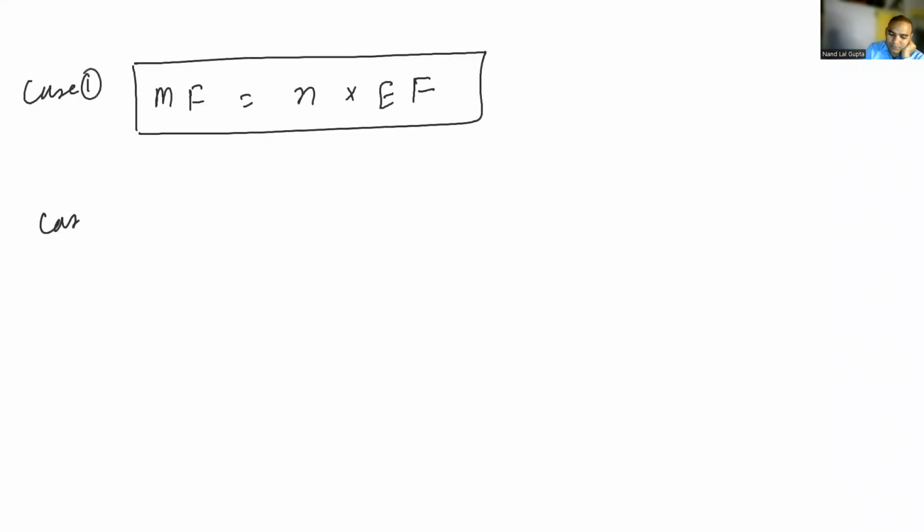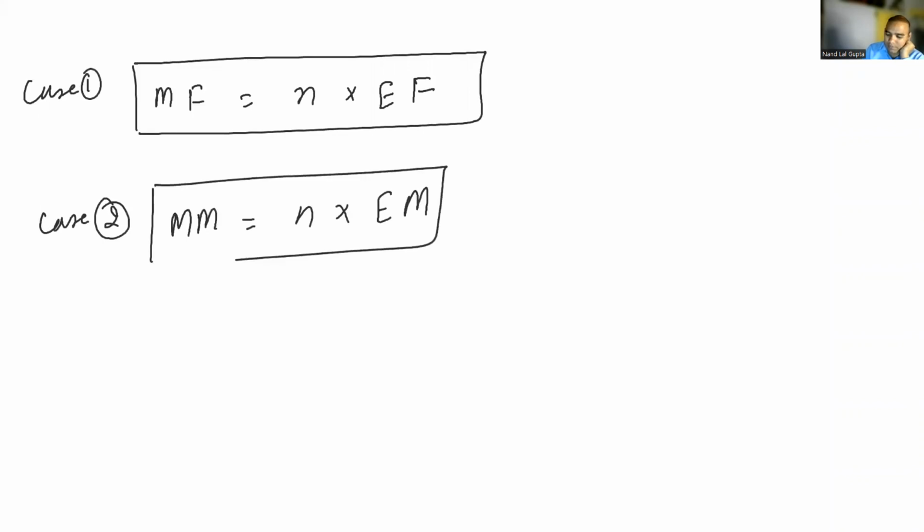Case number two. Molecular mass is equal to n into empirical mass. This is case number two. This is what is known as empirical mass, and this one is the molecular mass.